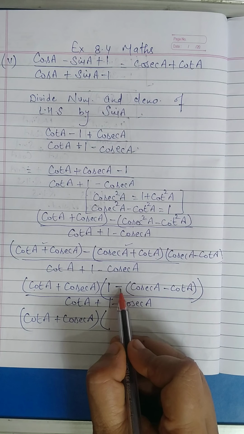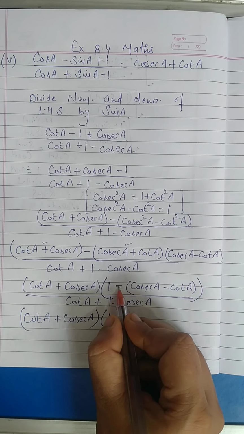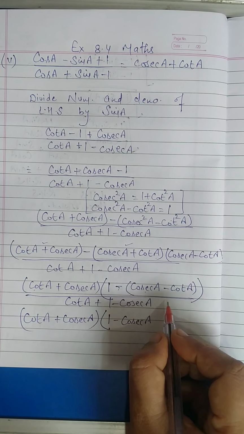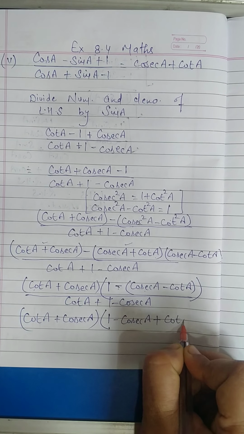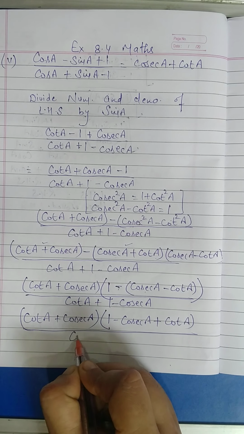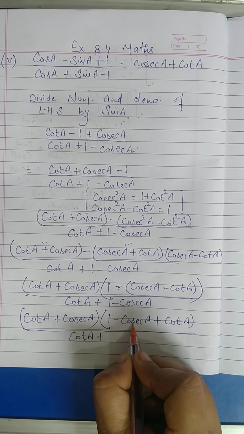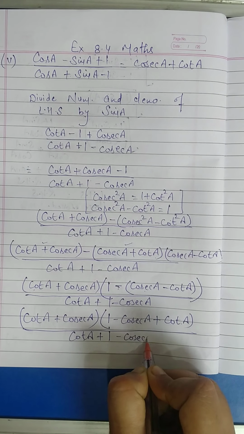But when we open this bracket, because there is a negative sign outside, the sign will change: minus of cosecant A, and minus multiply minus, it will be plus cot A. Now see, this second factor is same like the denominator, cot minus cosecant A and plus 1. All terms having same sign.